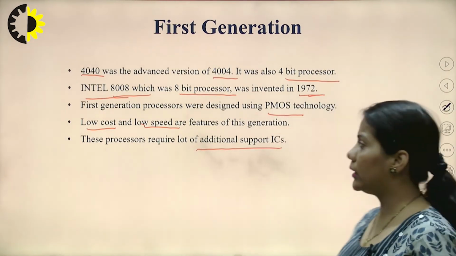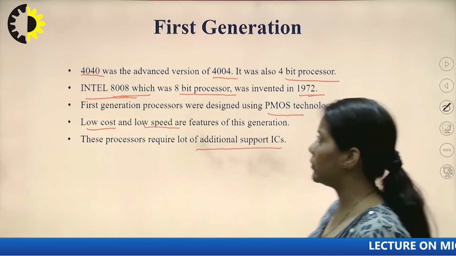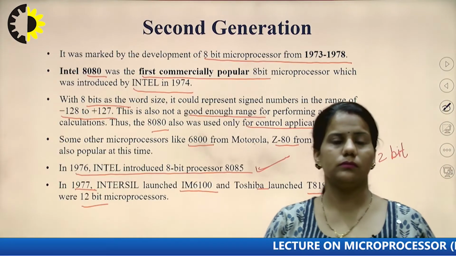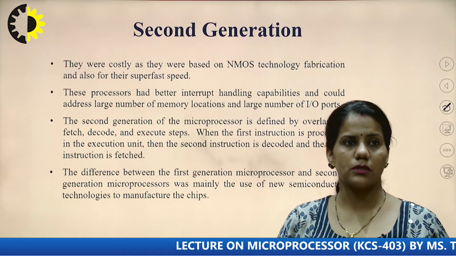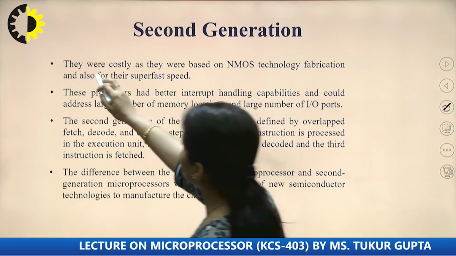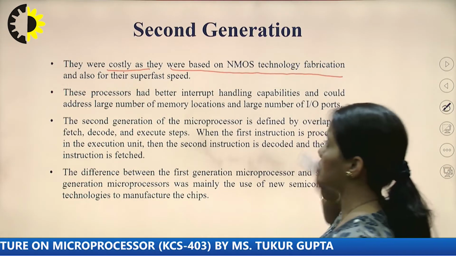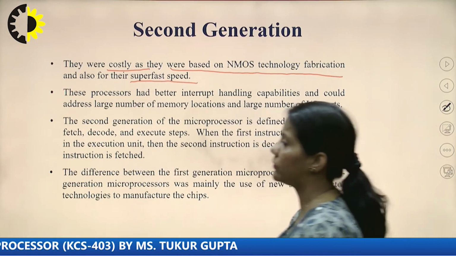And in the later part of the generation, 8008 was an 8-bit microprocessor that was invented in 1972. Just after that, we came across these microprocessors. They were costly. The second generation microprocessors were costly as they were based on NMOS technology fabrication and also for their super fast speed. They were super fast.